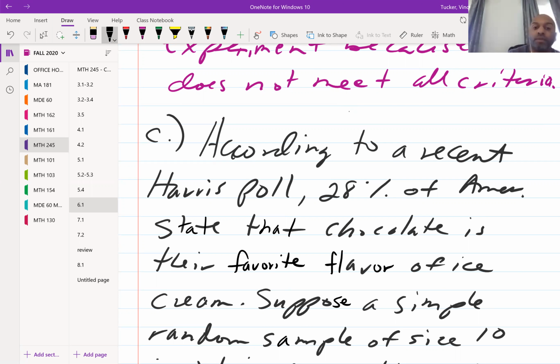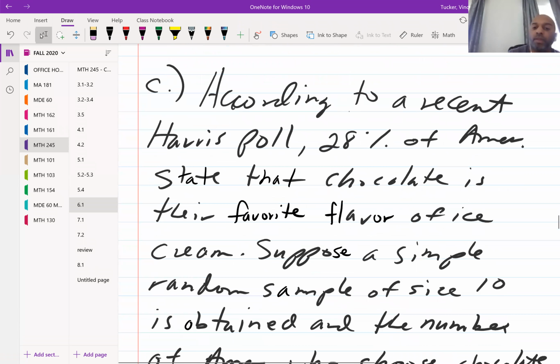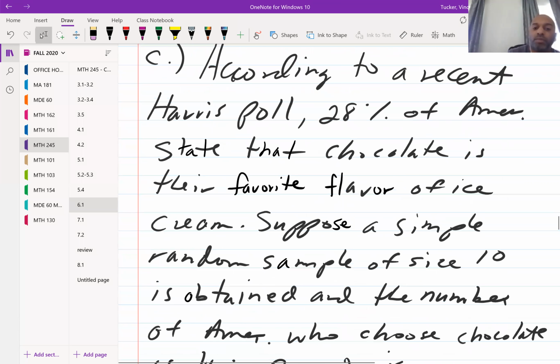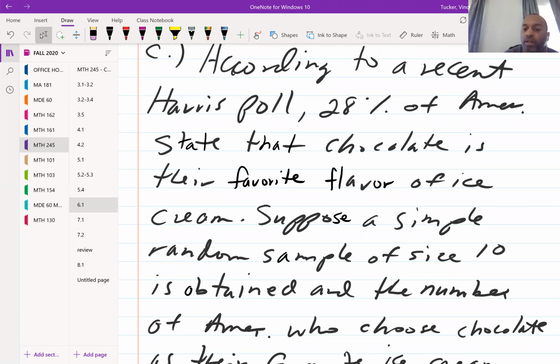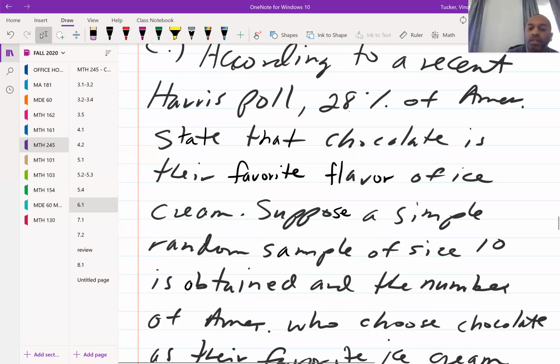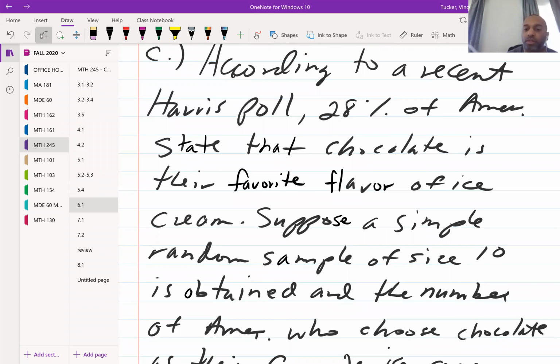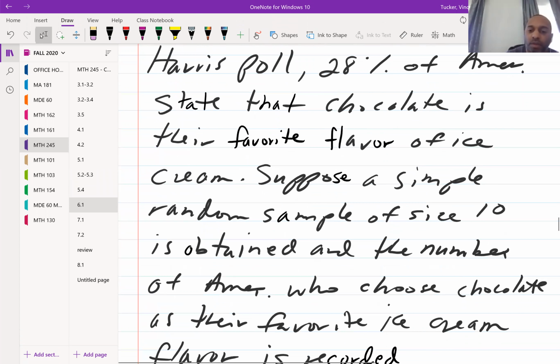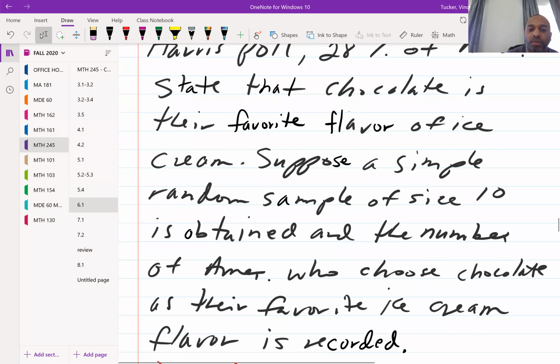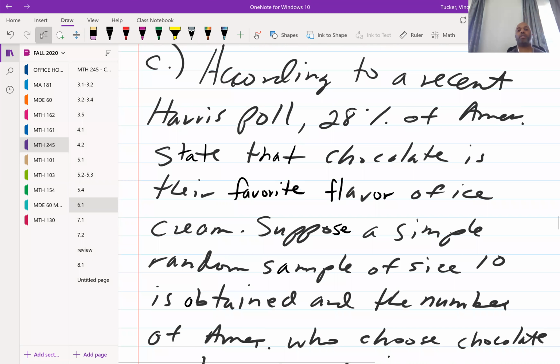All right, so favorite flavor of ice cream. Suppose a simple random sample of size 10 is obtained, and the number of Americans who choose chocolate as their favorite flavor ice cream is recorded. Okay, let me come back here. Scroll up in a second.